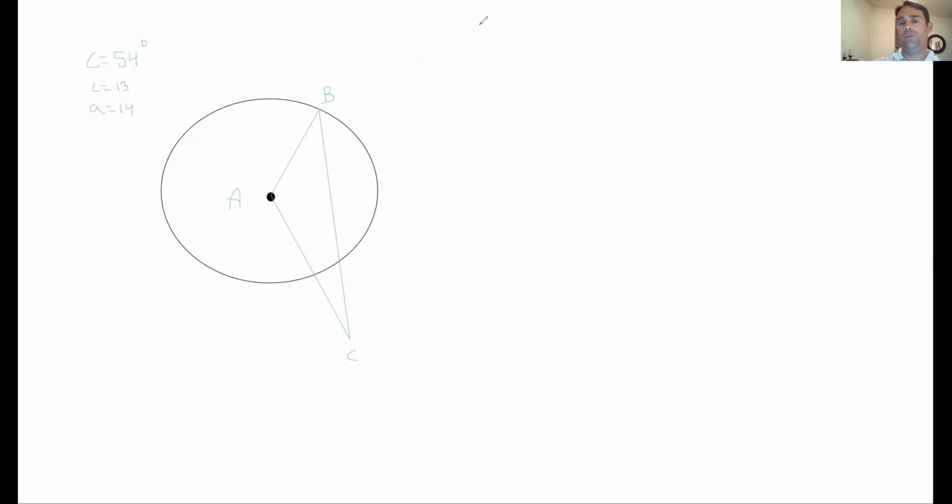What if I told you that there might be two triangles that have this exact same information? Here's my 13. Here's my 54 degrees down here. And this whole side right here was 13. Now, friends, I want you to think about something. This side right here, I believe it also equals this side right here. And if I have two sides that are the same, we say that thing is isosceles. That means this angle right here equals this angle right here.